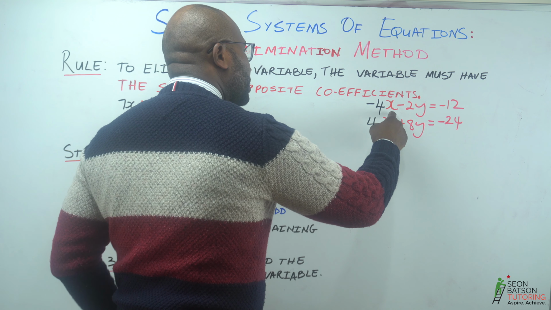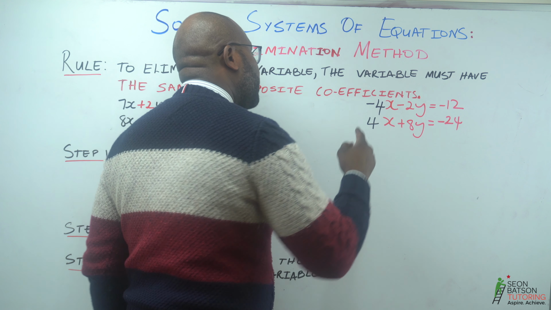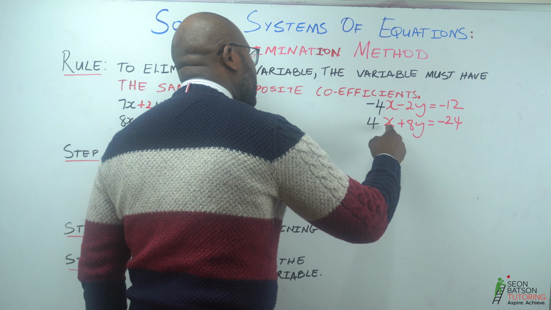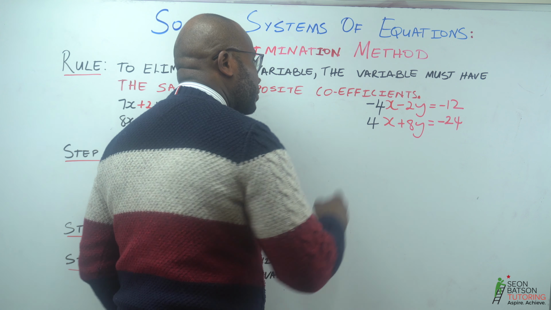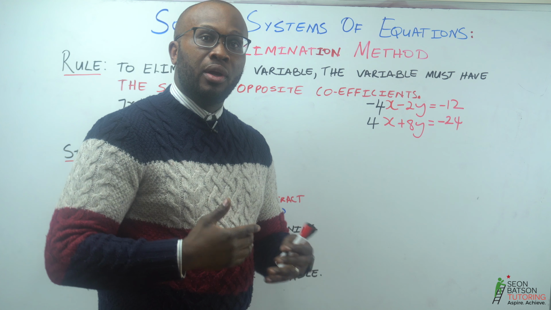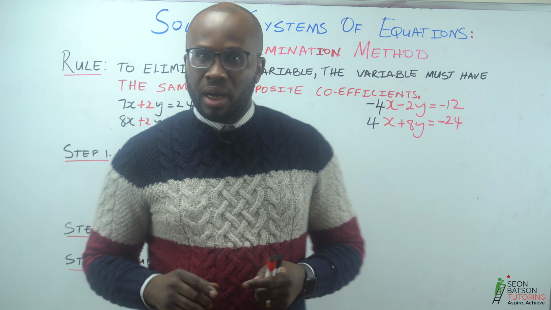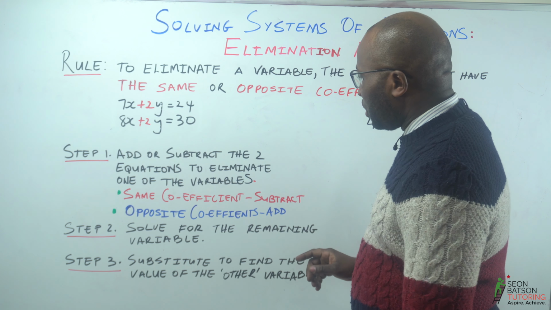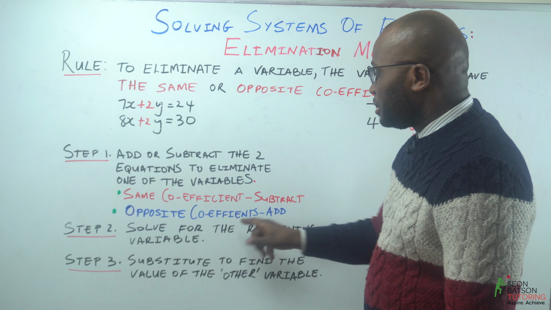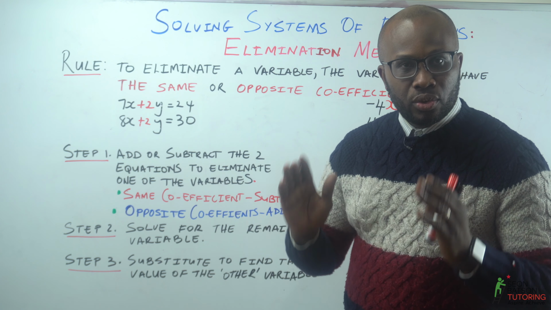Yes, the coefficient of the x in the first equation is negative 4, and the coefficient of the x in the second equation is positive 4. So since the coefficients are the opposite of each other, we can eliminate the x. Now, remember what we said. When the coefficients are the opposite of each other, we are going to add the two equations.